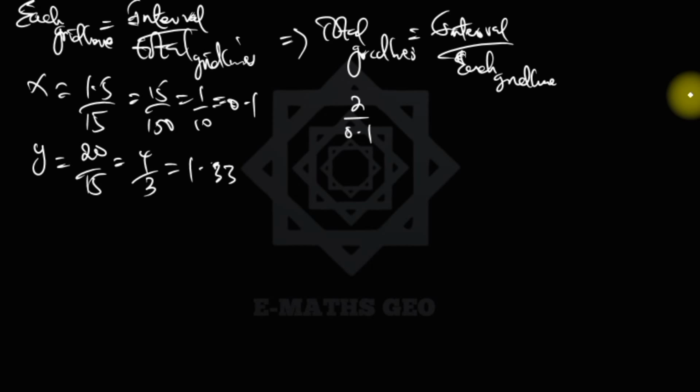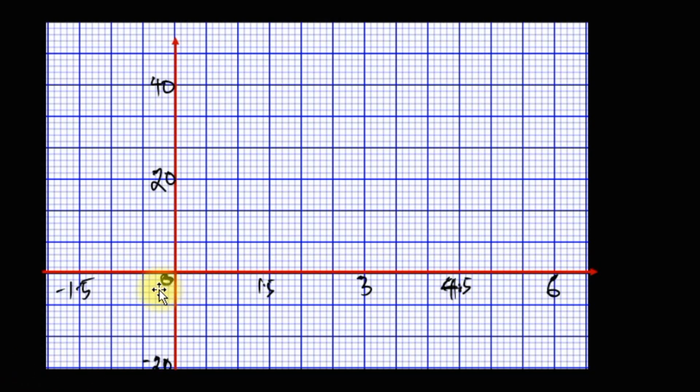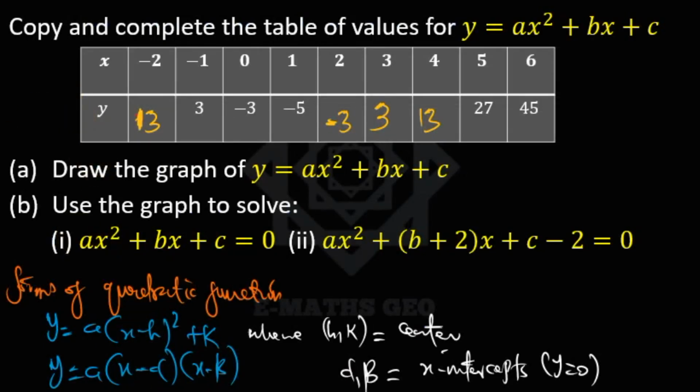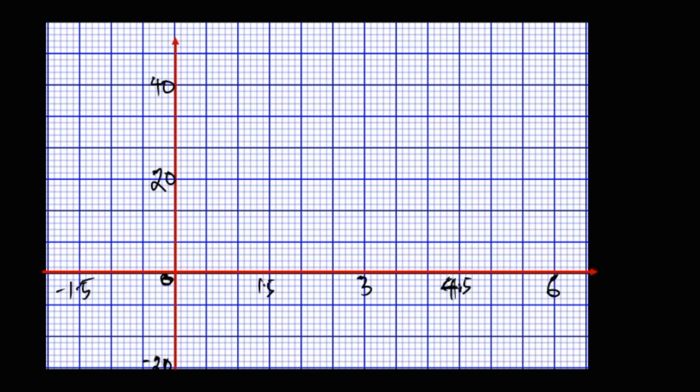What I'm looking for is 2 over that. That's 20 grid lines. So to locate 2, see 20 grid lines, 5, 10, 15, 20. Here is 2. 5, 10, 15, 20. So it's there.